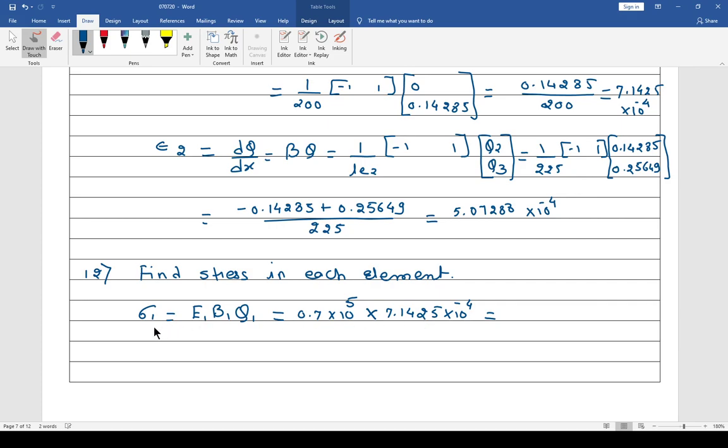Then similarly I could also get sigma 2 as E2, B2, Q2, and this is 2 into 10 to the power 5, and B2 into Q2 is also readily calculated, so that comes around 7288 into 10 to the power minus 5.